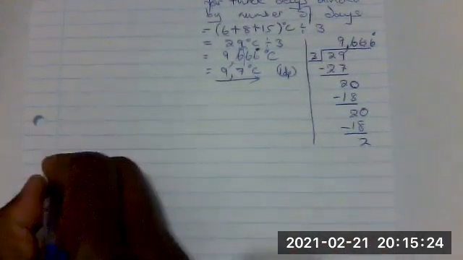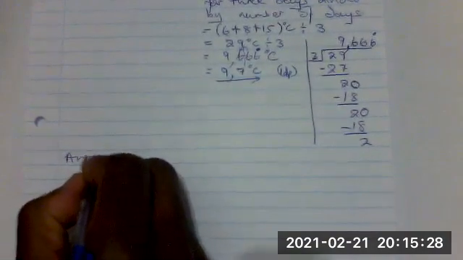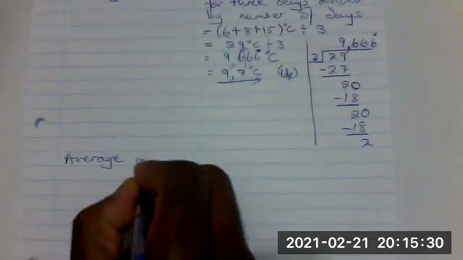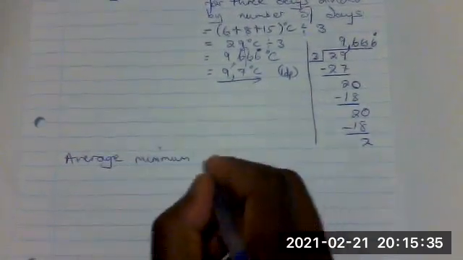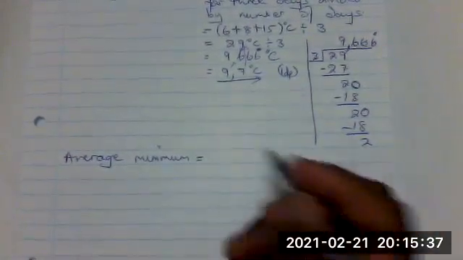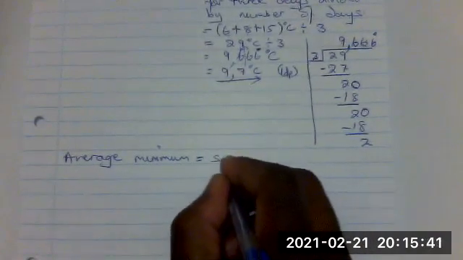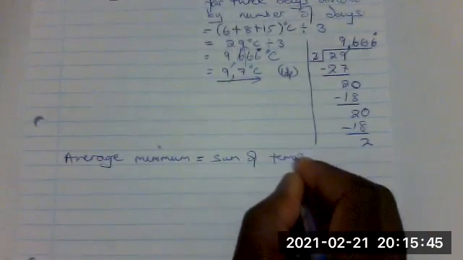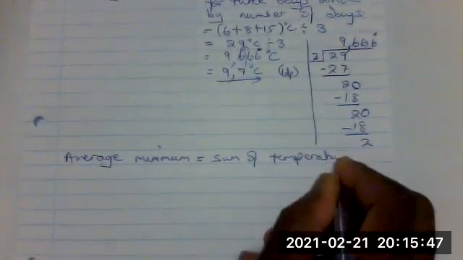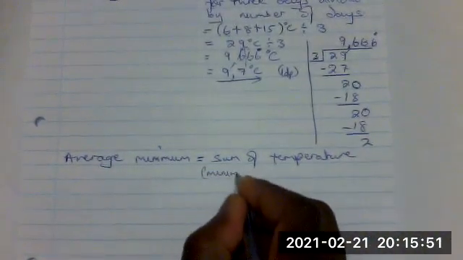Question number 2, the second one, it says average minimum temperature for 3 days. Again, since it is the average, it simply means it's the sum of temperature. This temperature that we are talking about is what? It's minimum.